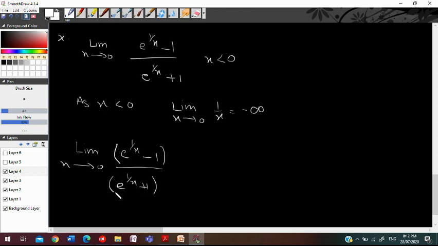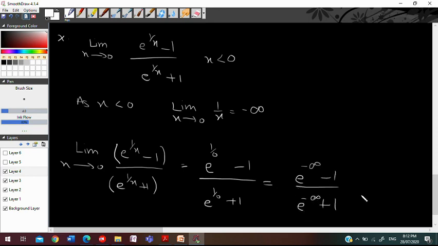When we apply the limit, 1 by x means 1 by 0, and as x is less than 0, we get limit minus infinity: exponent minus infinity minus 1 divided by exponent minus infinity plus 1.